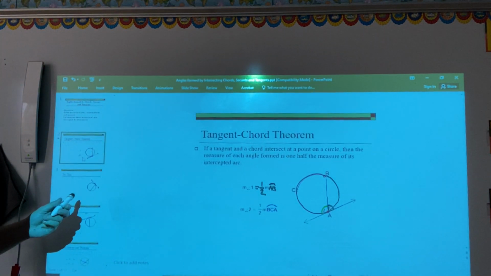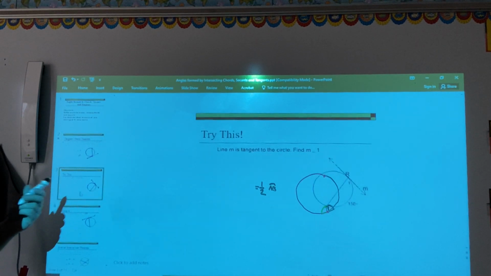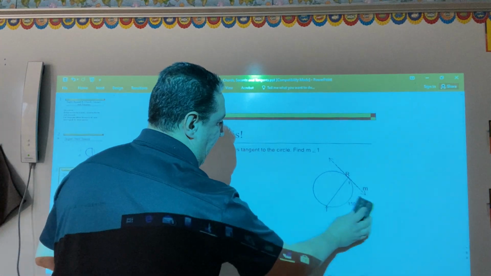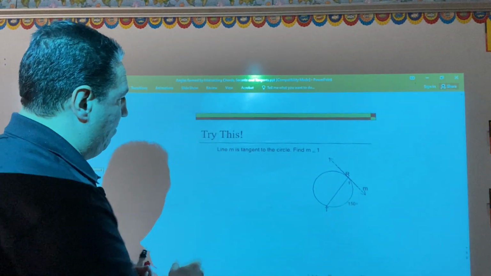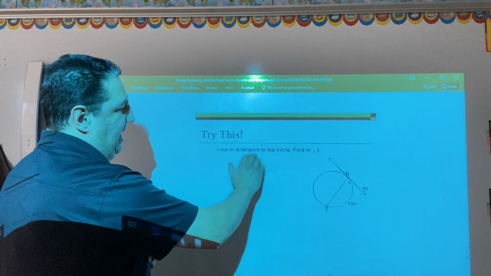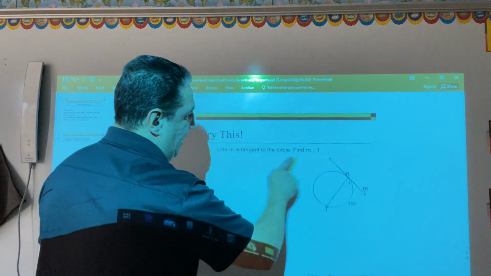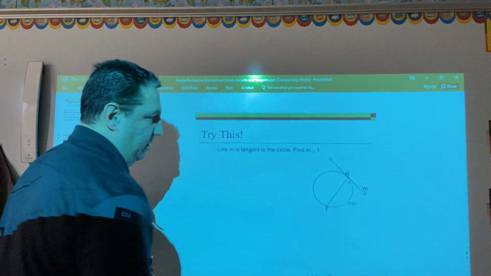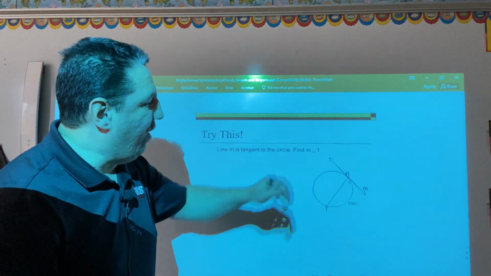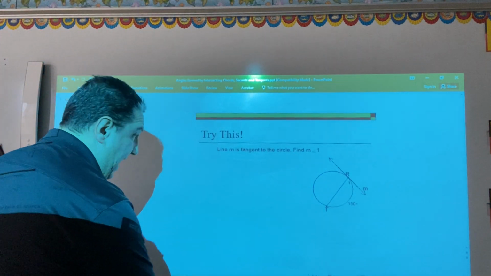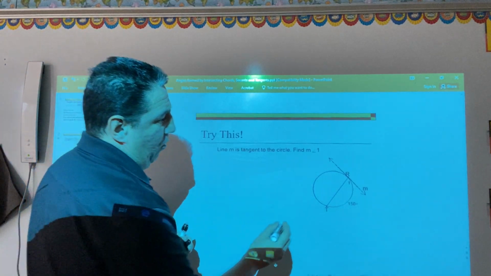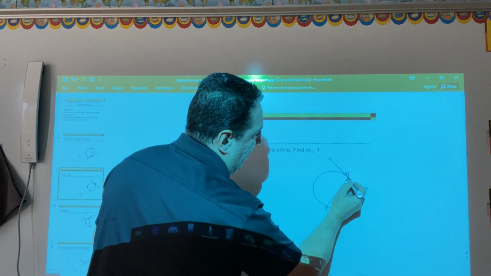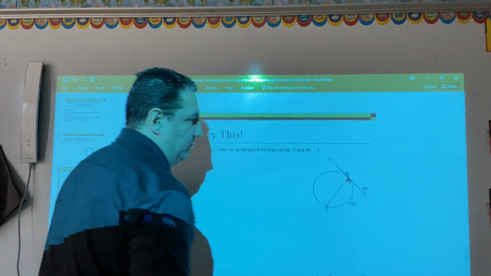Let's have two examples with this case. For example, line M is tangent to this circle. Find the measure of angle 1. This angle is an inscribed angle, right?